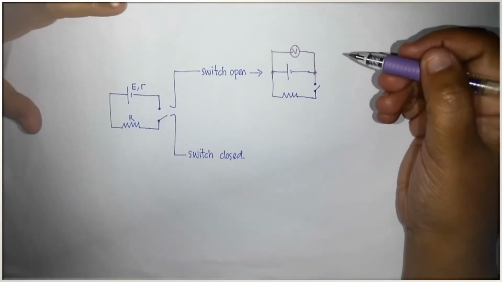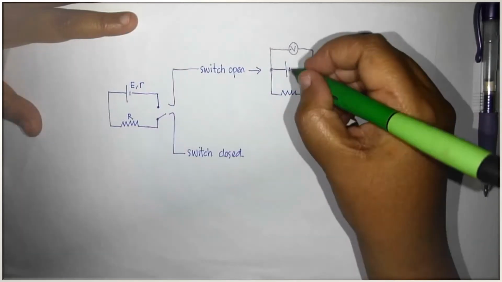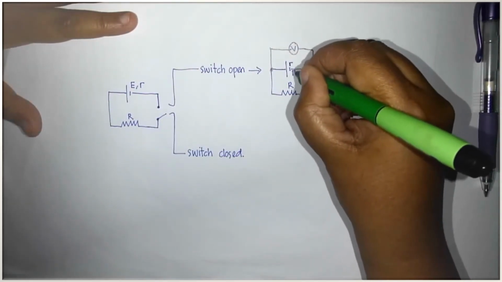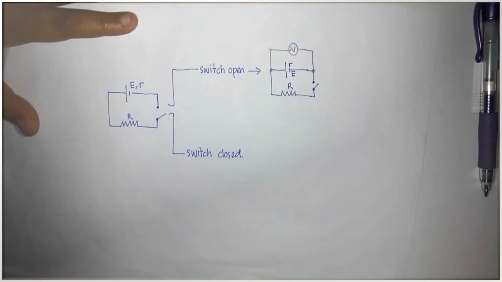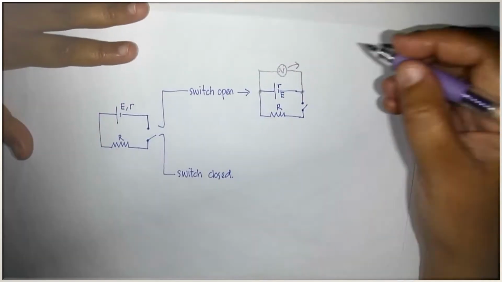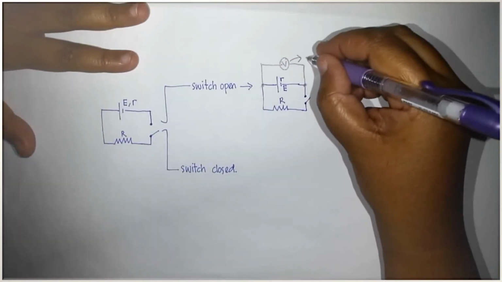This one is R and there's a small r there, and then we have E. The concept says that the voltmeter will give you the reading of E.